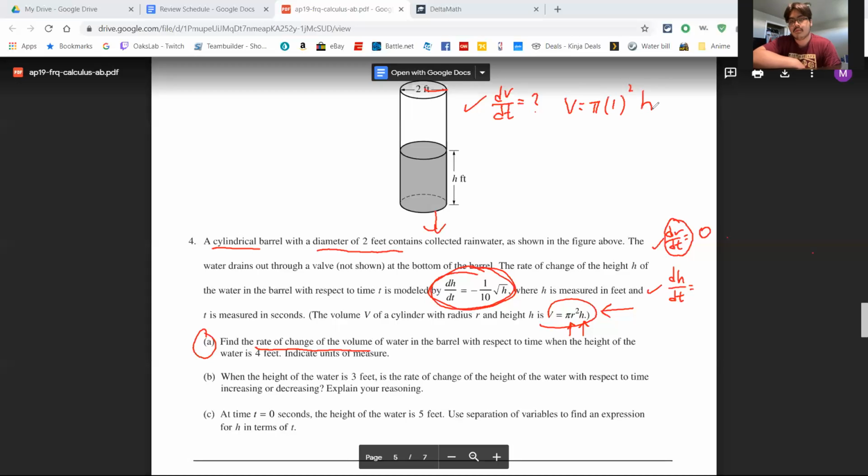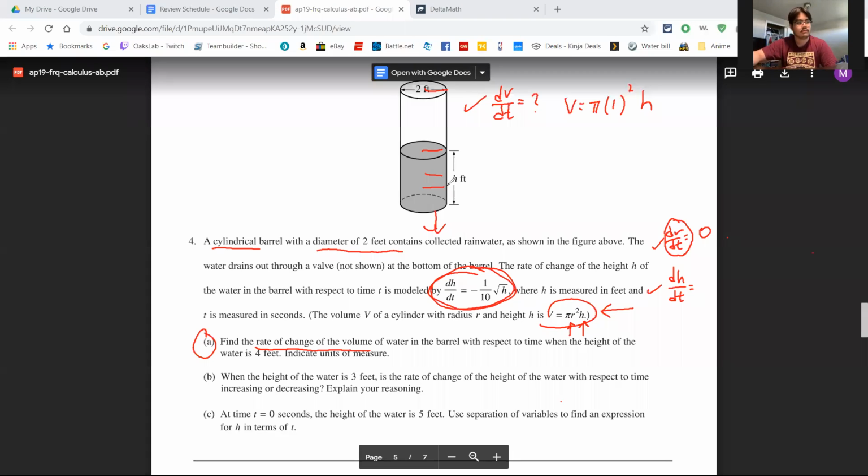I want you to make sure you understand the only reason I can do that is because the radius never ever changes no matter what level the water is. The radius is always 1 foot, and that's why I can do that.